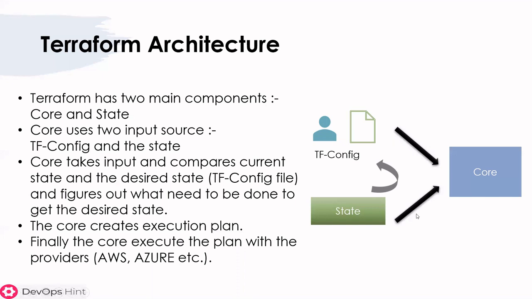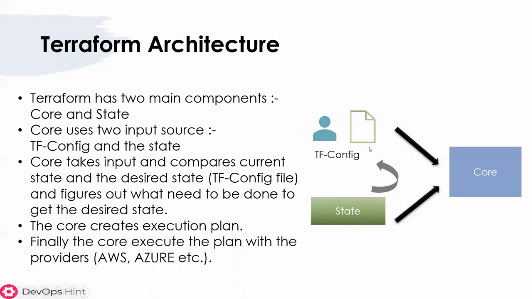Based on that it will create the plan, and in this plan the core will decide whether we need to add infrastructure, update, or delete. All those things are decided by the core by comparing these two components.